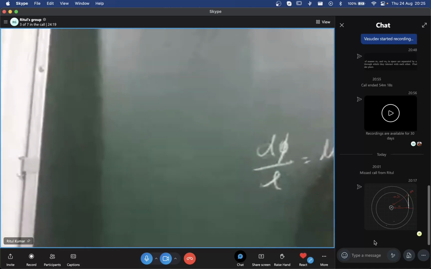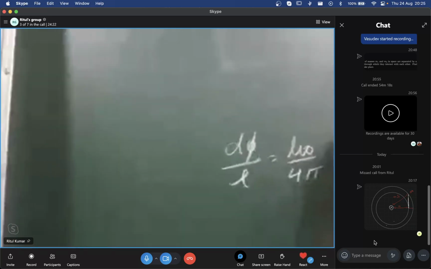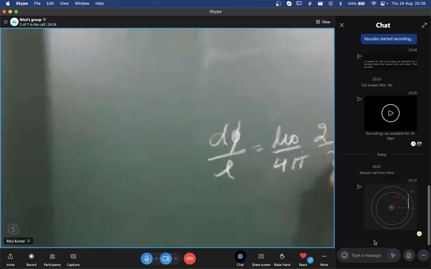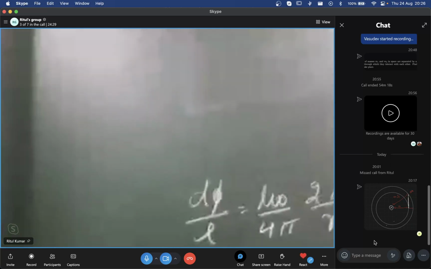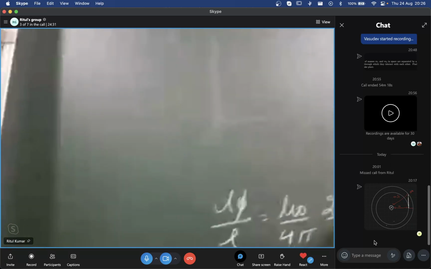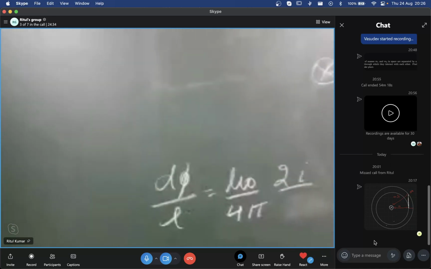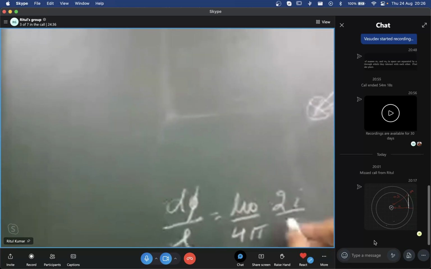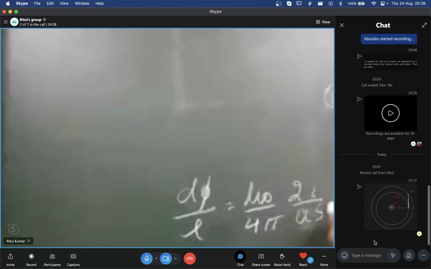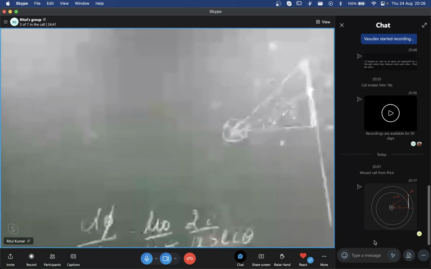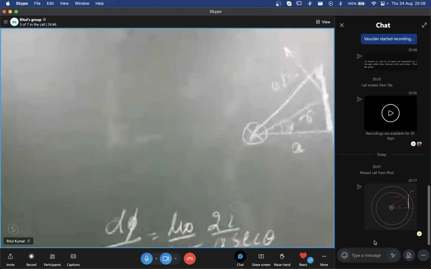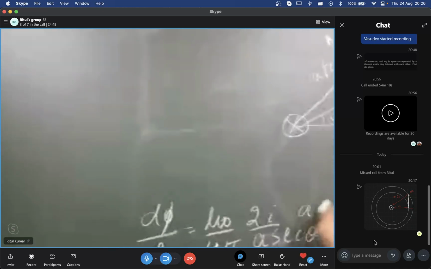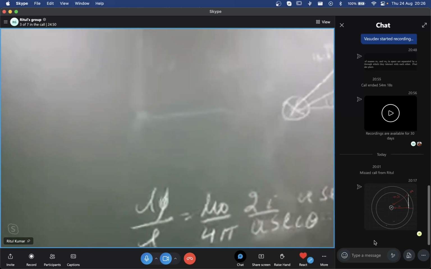What do we write over here? Mu naught by 4 pi, twice the current I by R, where R is to be changed as R is varying. So let us change R. For R we can write A by cos theta, that is A sec theta. And for dy we write A sec square theta d theta, right?